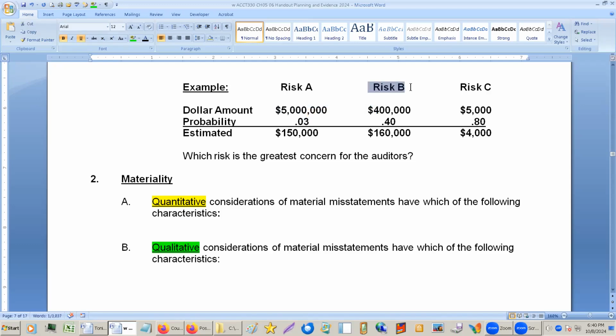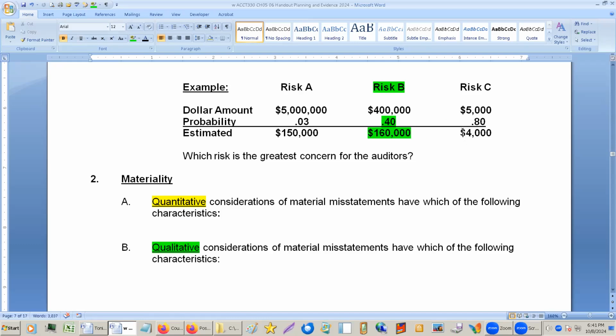B is probably the one. This is a judgment call, but the probability is pretty good. It's not certain, but it's up there, and the dollar amount is pretty decent compared to the other ones. Risk B is probably the one you would look at the most.